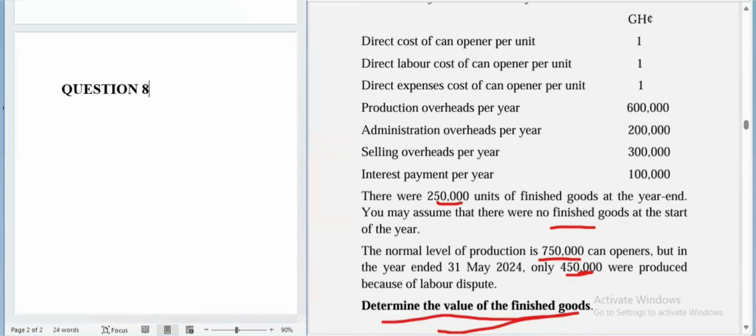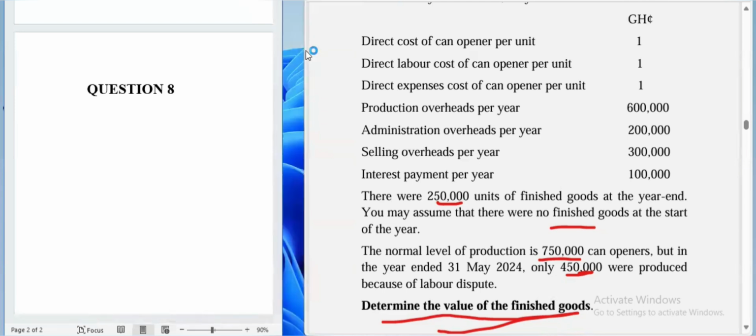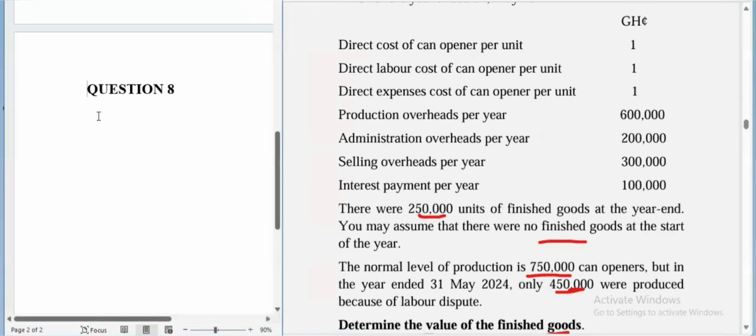So question 8. Very good. So let's start computing question 8. It's very, very simple.